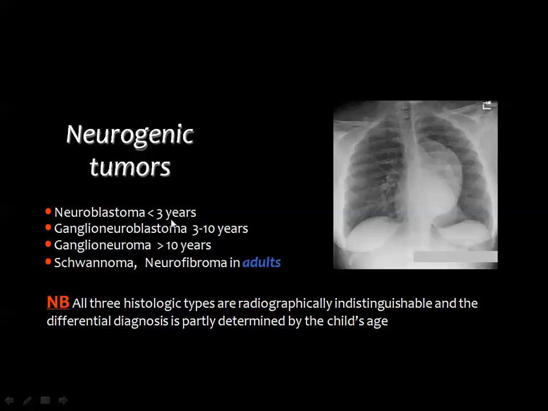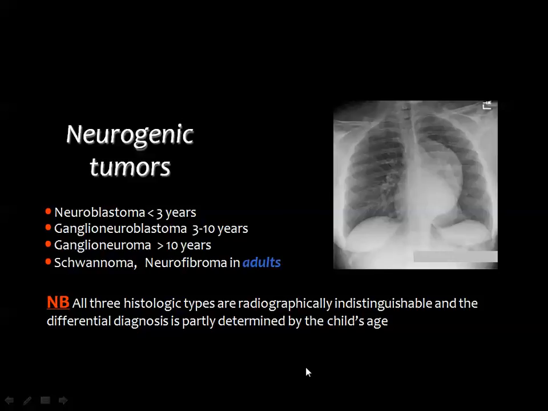Below the age of 3 years, a posterior mediastinal mass is suspected to be a neuroblastoma. Between 3 and 10 years, you consider the possibility of ganglioneuroblastoma. Above the age of 10 years, consider the possibility of the benign form, which is the ganglioneuroma. And in adults, you consider the two benign forms, which are the schwannoma and the neurofibroma.